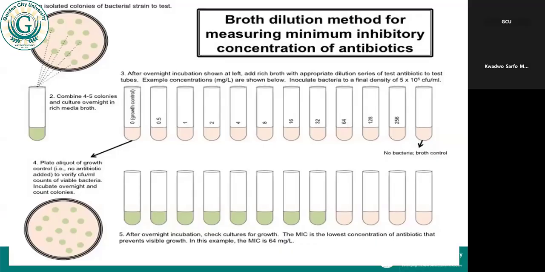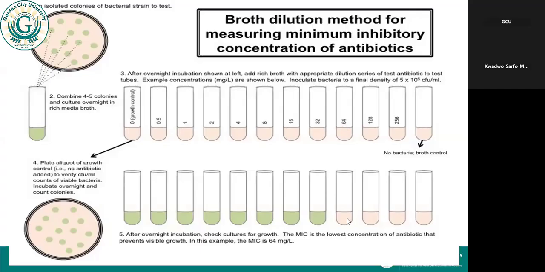That means the clinician doesn't need to prescribe this 32 milligrams per liter concentration to kill, because the minimum concentration that will kill the organisms is 64. If the clinician decides to increase to 128, it will still kill because 64 is killing, so increasing it will kill. But increasing it may be toxic to the client or the patient.